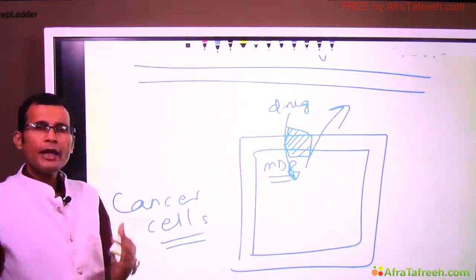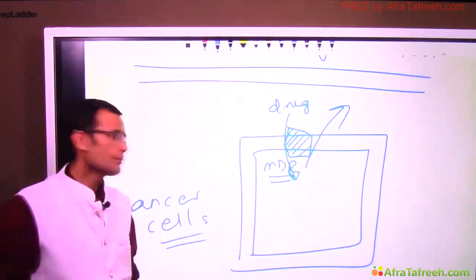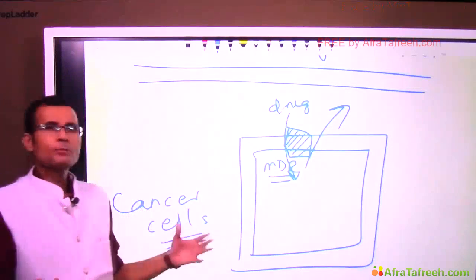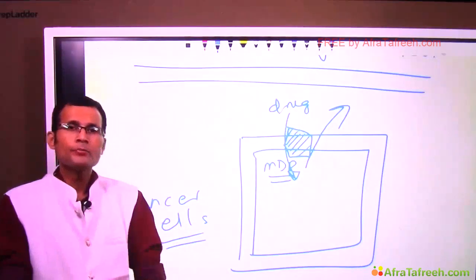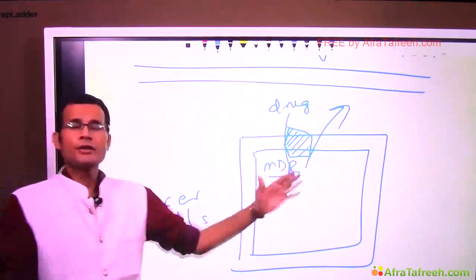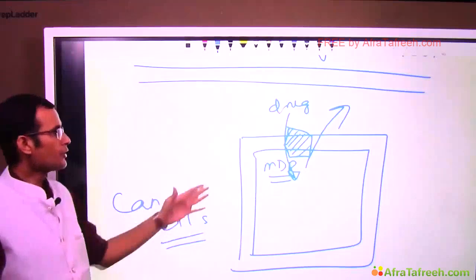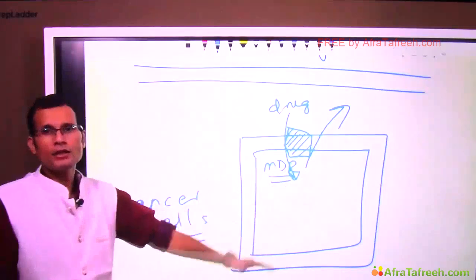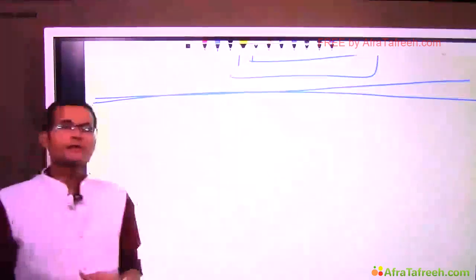Or XDR cases of tuberculosis, extremely drug resistant tuberculosis. We see that the person who is resistant to a particular anti-TB drug is resistant to all the drugs in that category. Why? That's because of the expression of MDR transporters in the membranes of those cells. So these are the transport proteins in summary.